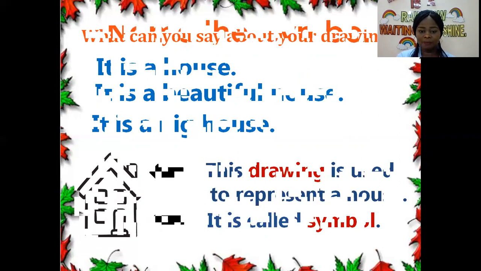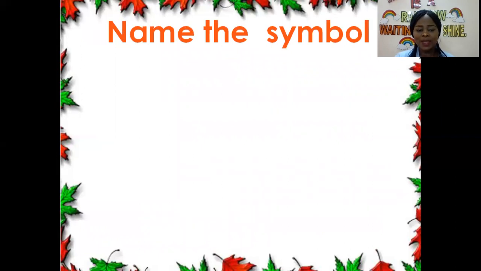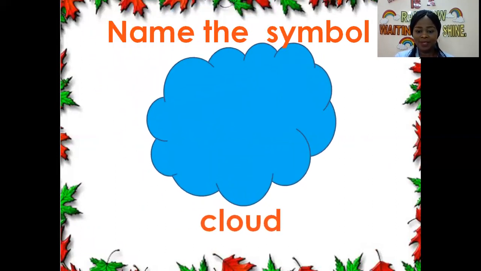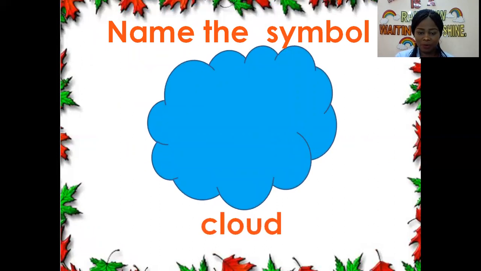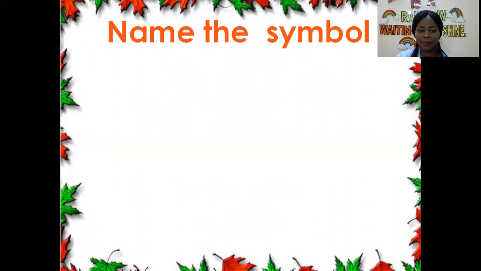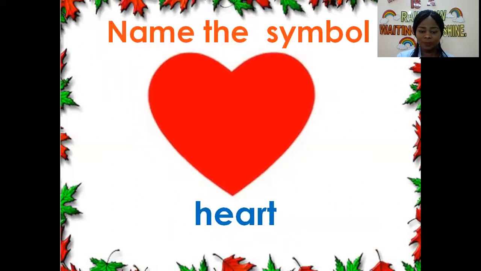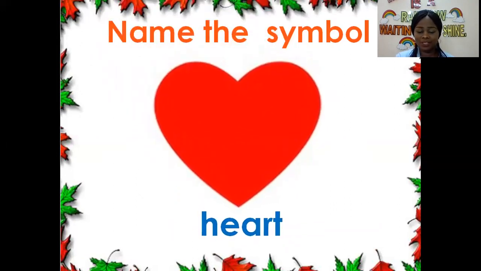Very well, students. Now, I want you all to take a look at the symbol here and tell me what it represents. What is the name of the symbol and what does it represent? Very well, it's a cloud and it represents cloudy. Very well, students. How about this one? Very good.